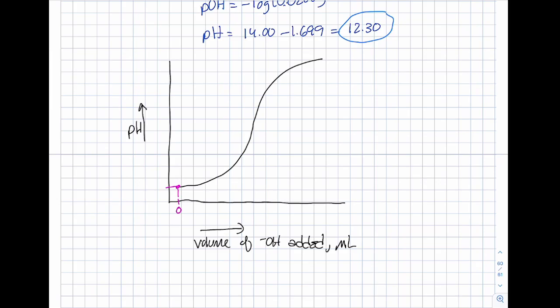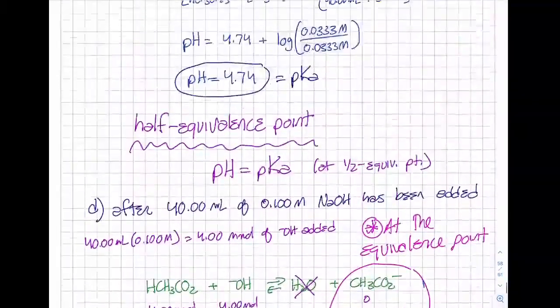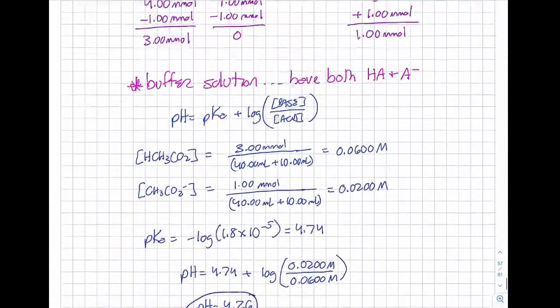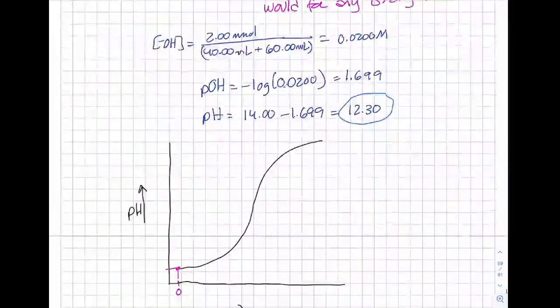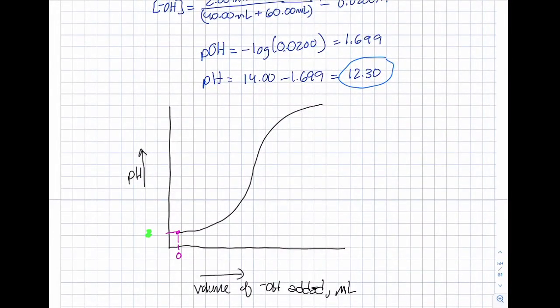And our pH at that point, if we scroll back up somewhere, was 2.89. So going back down, this would be 2.89. And I put lines on my paper so I could draw that straight, and then I still didn't.